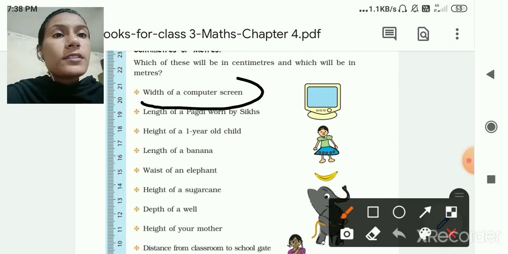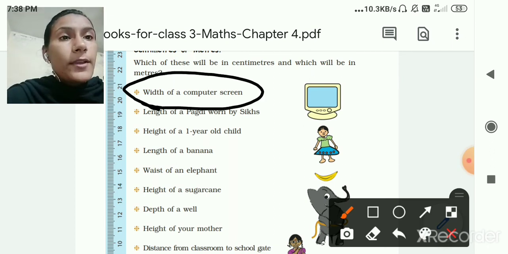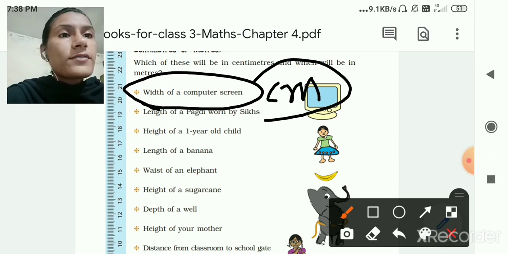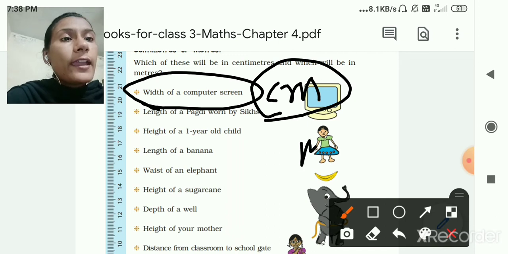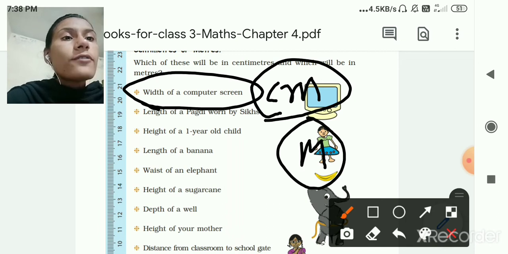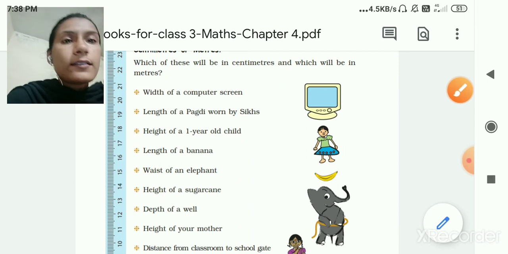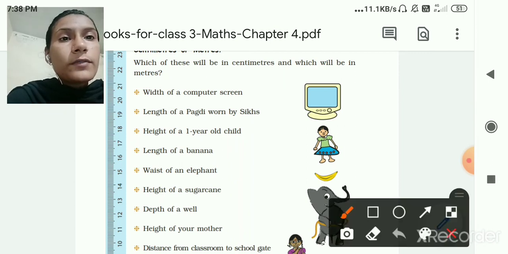Width of a computer screen will be measured in centimeters. So here you can write cm. This is the short form of centimeters. Then m is the short form of meters. So first one, width of a computer screen, centimeters.